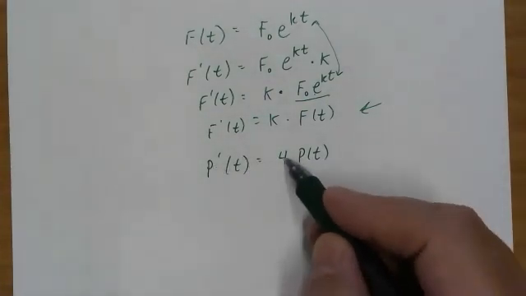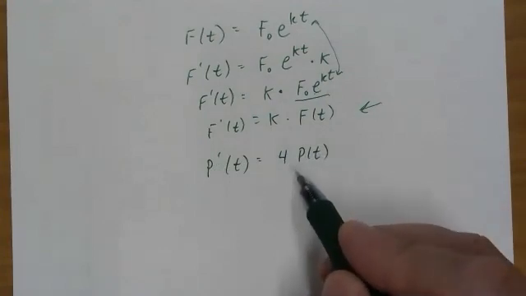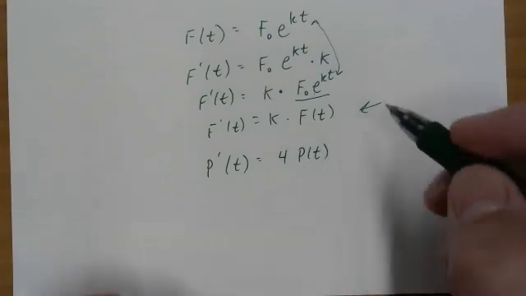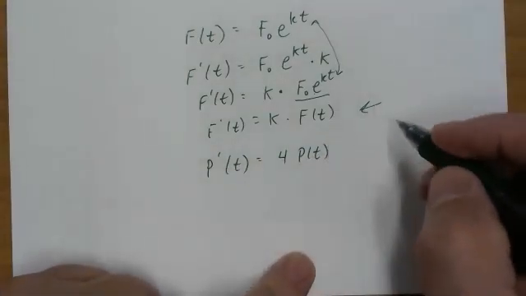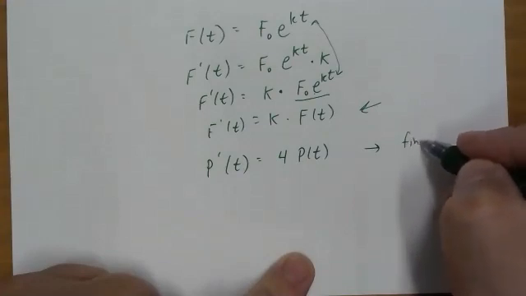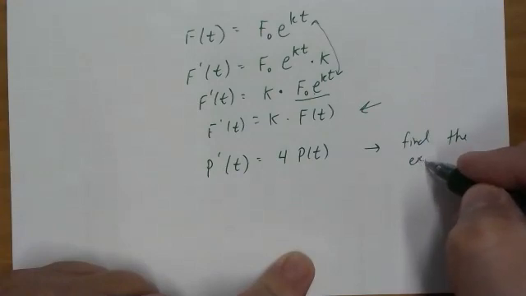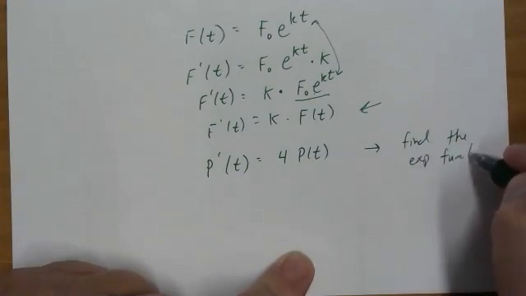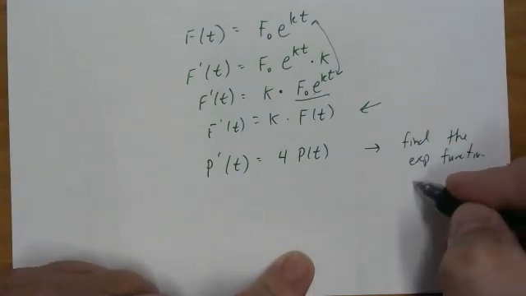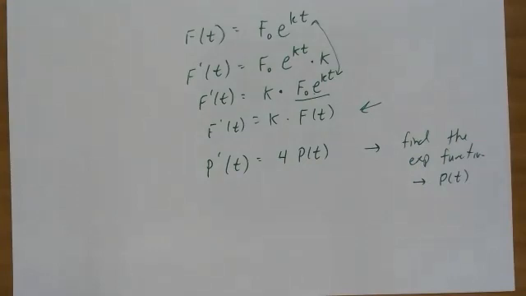The derivative is 4 times the original function. They will give you this, and they will say, based upon this, find the original exponential function, or in this case, they want you to come up with an equation for P of t.